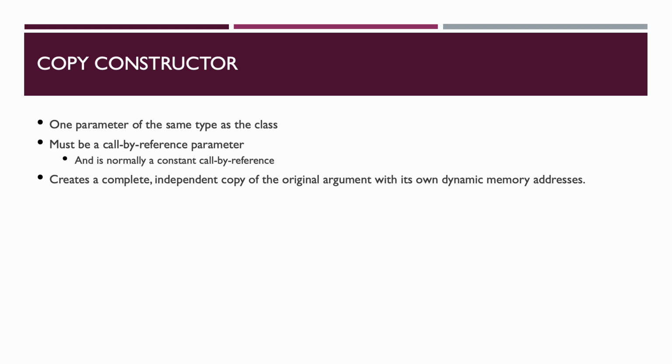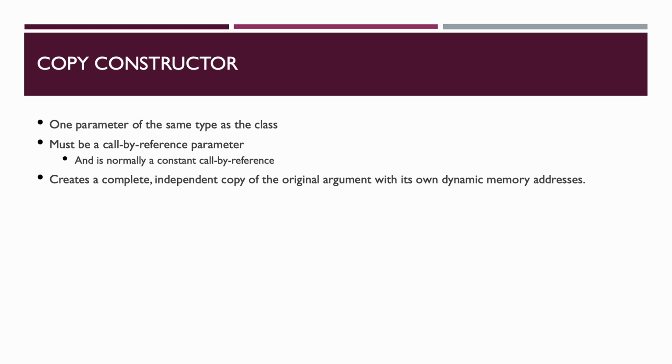For example, in a class INV item, the copy constructor would look like INV item, and then inside the parenthesis, const INV item& other. It must be a call by reference parameter, because passing by value would invoke the copy constructor itself, leading to infinite recursion.